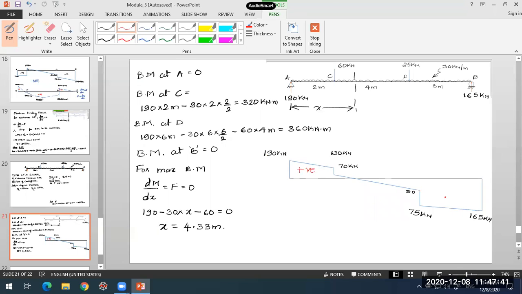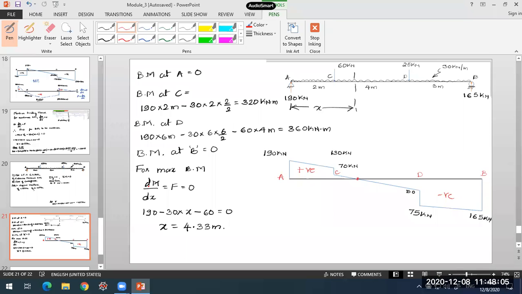This is positive shear force and this is negative shear force. If you look, this is A, this is point B, C, and here is D. Somewhere between C and D we have this zero shear force. Wherever this shear force is zero, we will get the maximum bending moment.